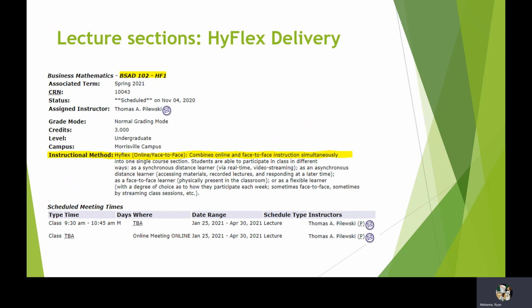You're going to want to reach out to the professor if you don't hear from them at least the day to week before classes start, about what the expectation is for this. And if you're building your schedule and this one isn't clear, which frankly, it's kind of a new method of delivery, there's no reason you couldn't reach out to, in this case, Professor Paluski, and just ask, what's the expectation for this? I may be staying home this semester, or I may be coming to campus this semester. What can I expect?